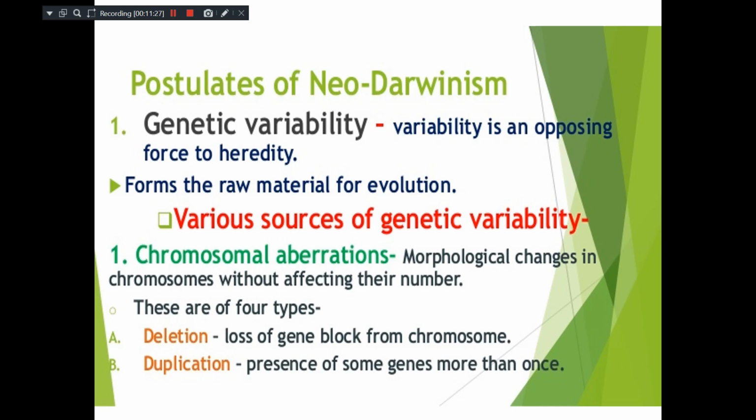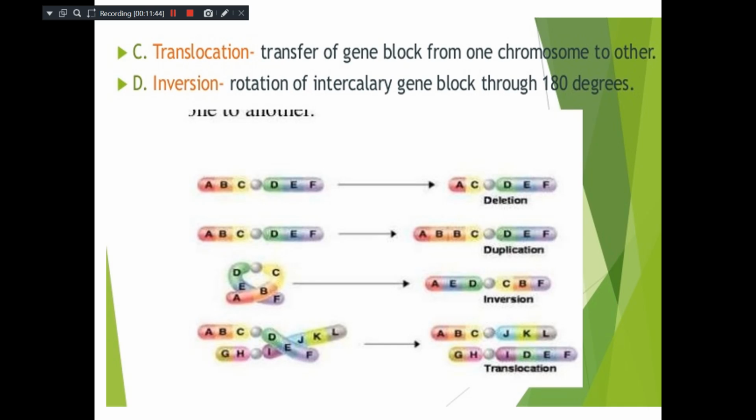These changes may be because of four reasons. One is deletion, loss of a gene block from a chromosome; or duplication, presence of the same genes more than once; translocation, transfer of a gene block from one chromosome to another chromosome; or inversion, when the chromosome rotates by 180 degrees.